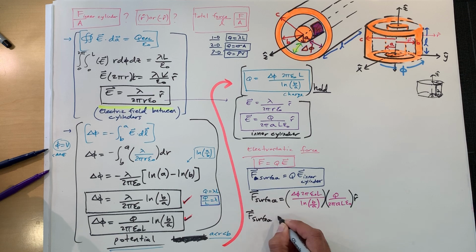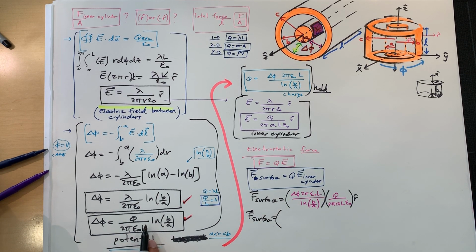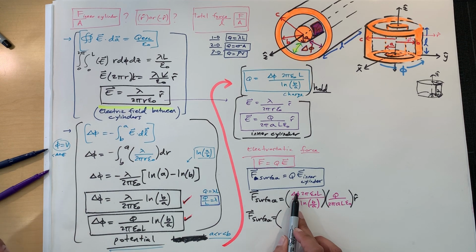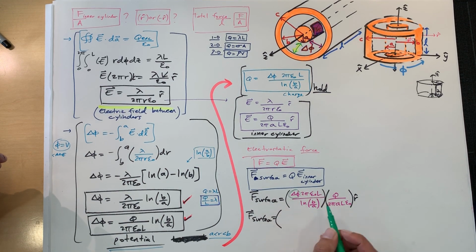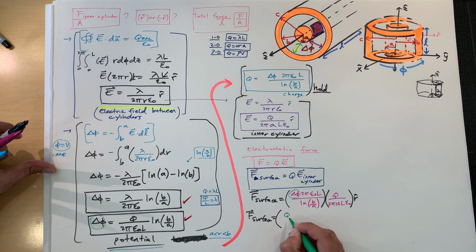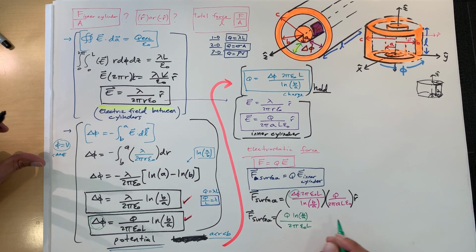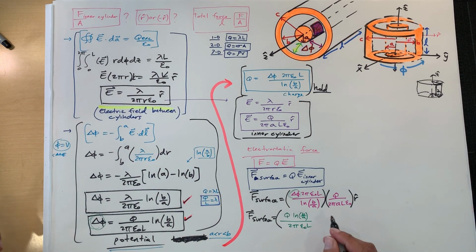Force on the surface. I'm going to separate this potential out, so I'm only going to write this right now, and that's this right here. So it's Q ln of b over a over 2 pi epsilon naught L. I write it on top so it's easier when I cancel out things.